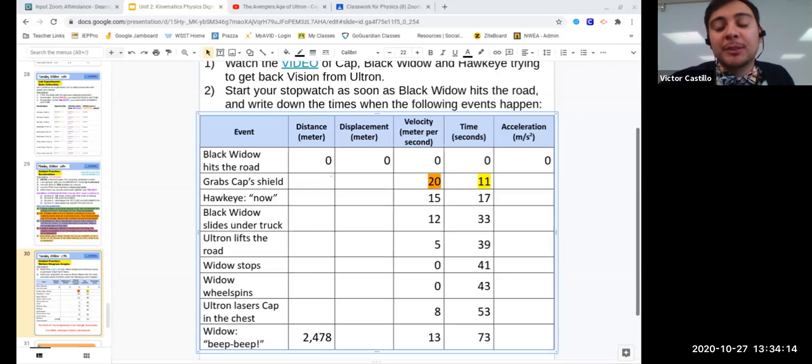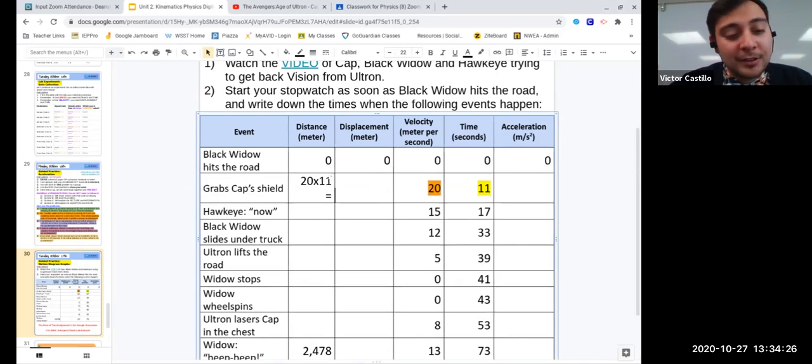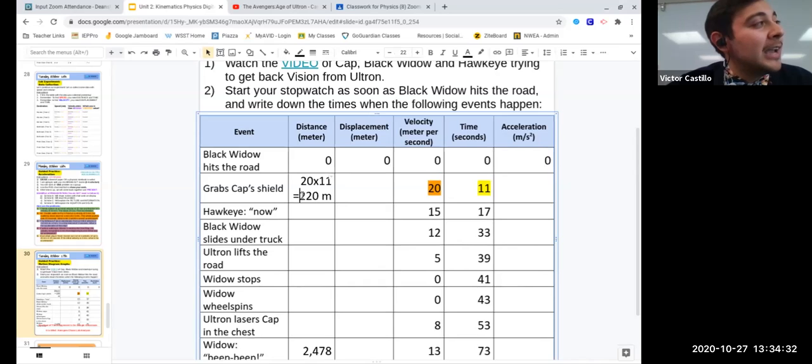So Lourdes, you multiply 20 by 11. Okay, awesome. Yes, if she traveled 20 meters per second, and you multiply that times 11, you will get 220 meters. So that's how much she traveled in that small time frame.